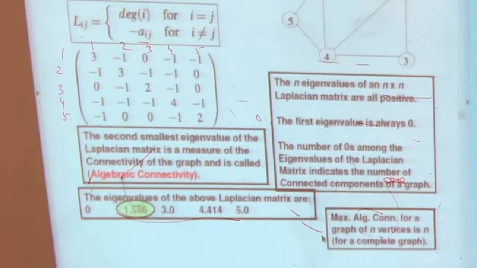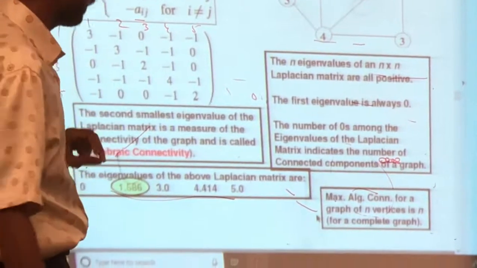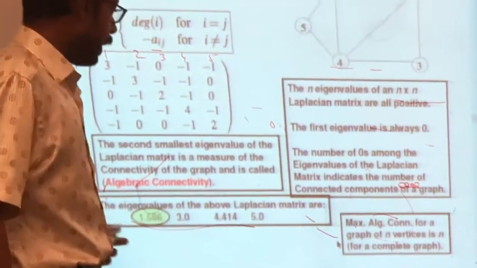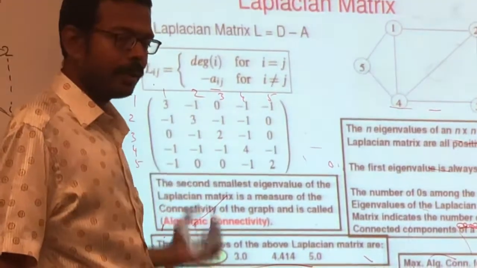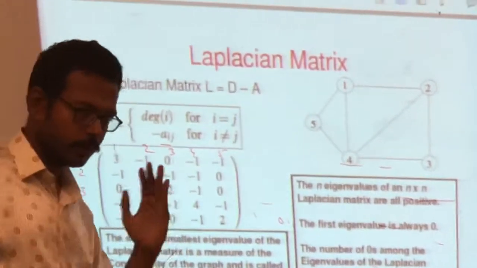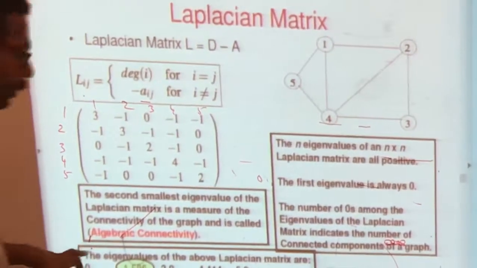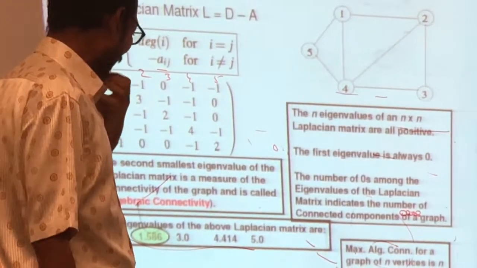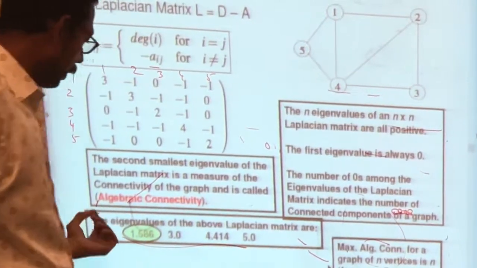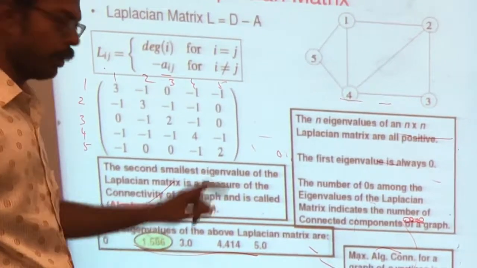So this is a graph of 5 vertices, so we are going to get 5 eigenvalues. Now, there's a property of this Laplacian matrix that all the eigenvalues are going to be 0 or positive. Okay? Is that clear? So you see here there's no negative eigenvalue. Now, you're guaranteed to see at least one 0 among the eigenvalues.